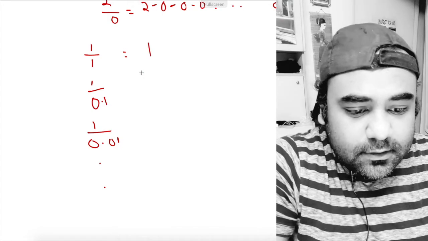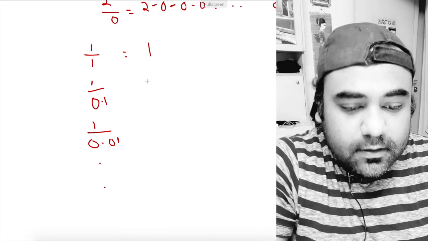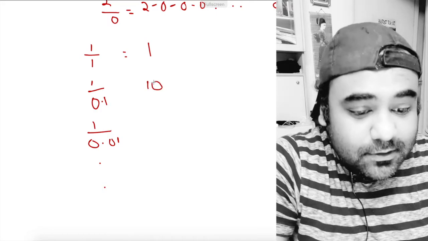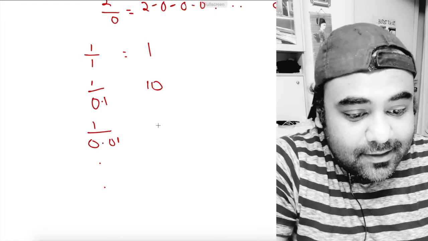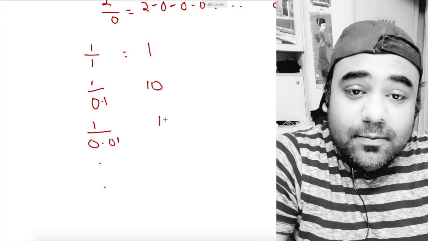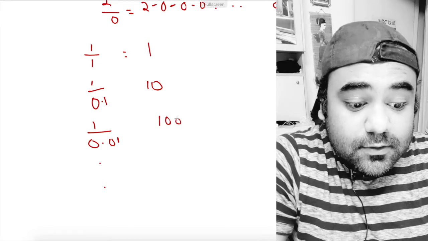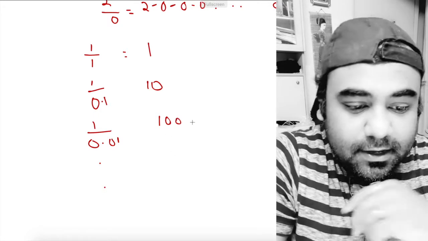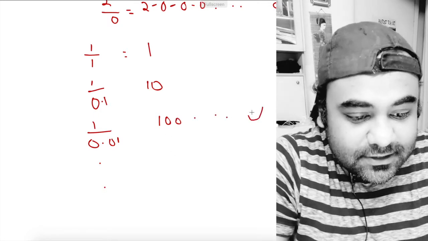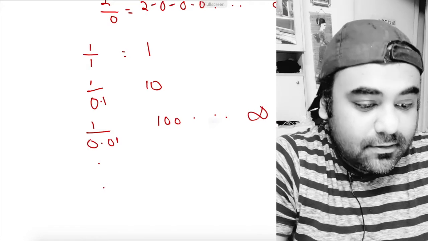So 1 divided by 1 is basically 1, 1 divided by 0.1 is 10, 1 divided by 0.01 is 100. All right, so where are we going? Again, this will tend to infinity.